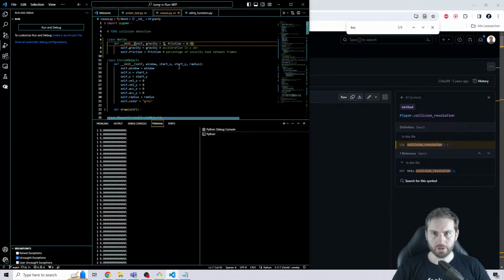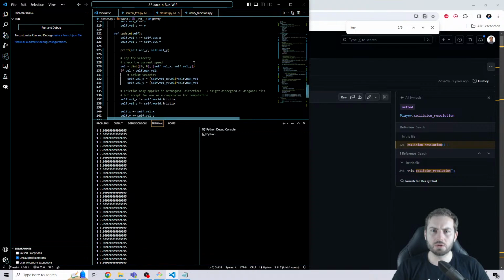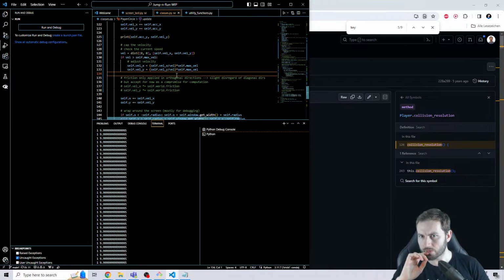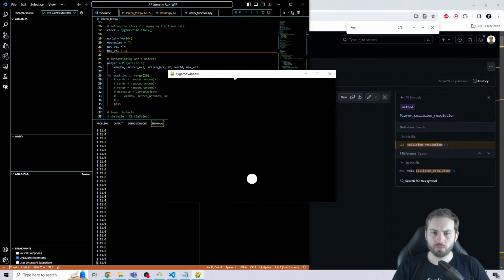Gravity is 1. Yeah, we also have the friction. Maybe it has to do with this one. If we don't do the friction, it goes to 11.